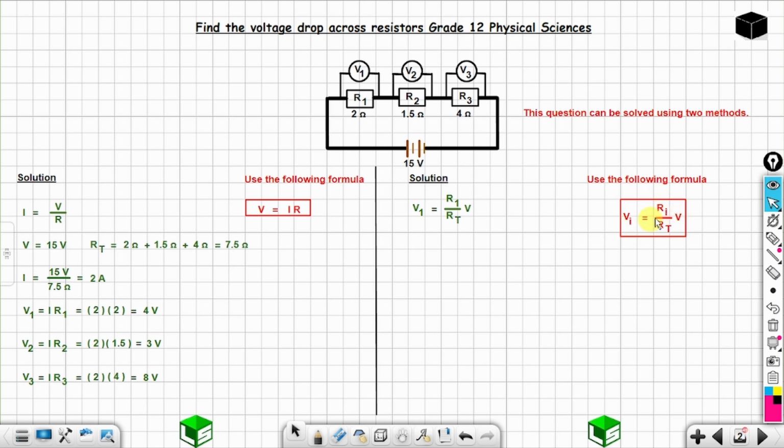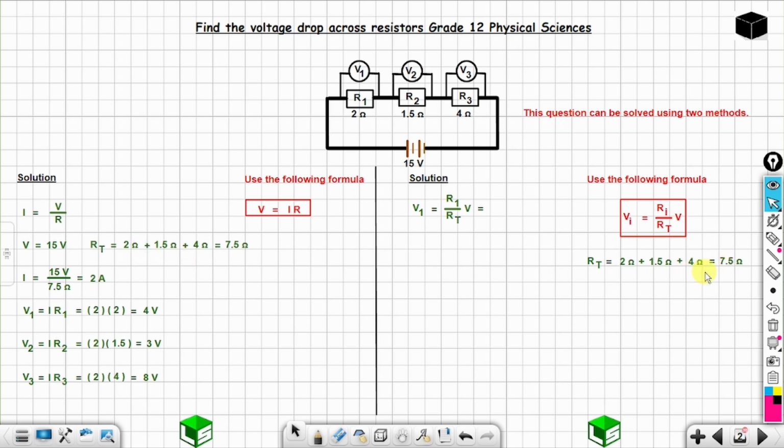You replace I with 1, or 2, or 3, or 4, or 5, or 6, depending on how many resistors you have in the series connection. You need the total resistance, which you calculated.